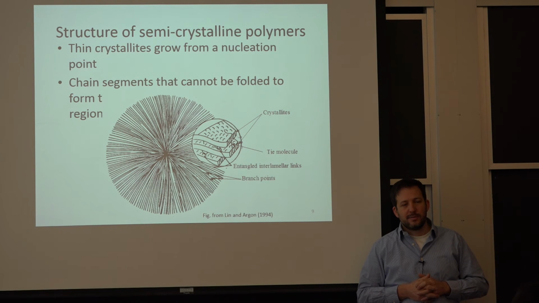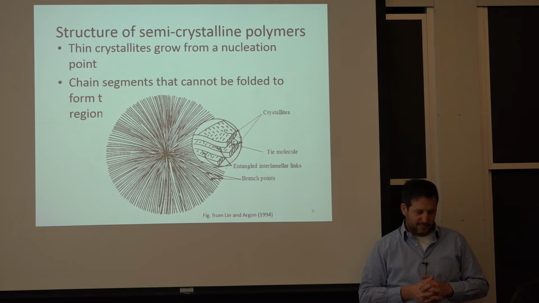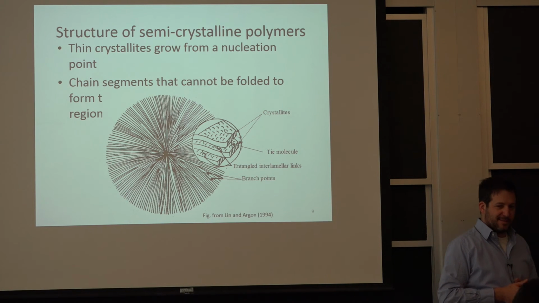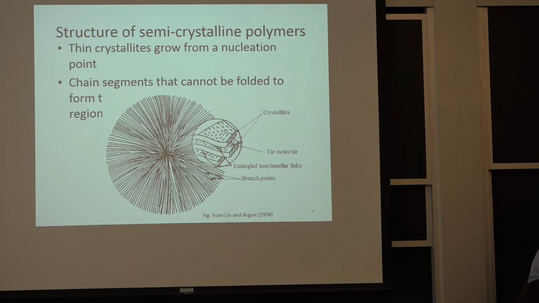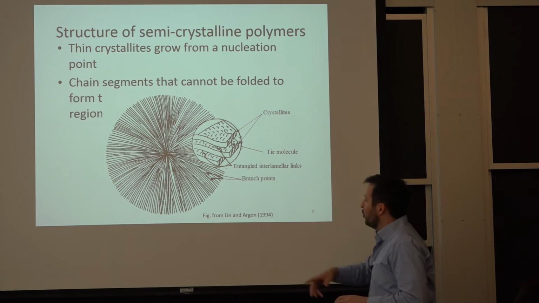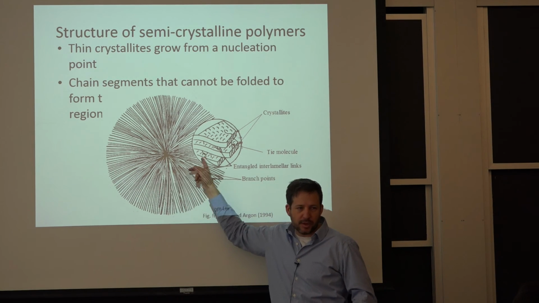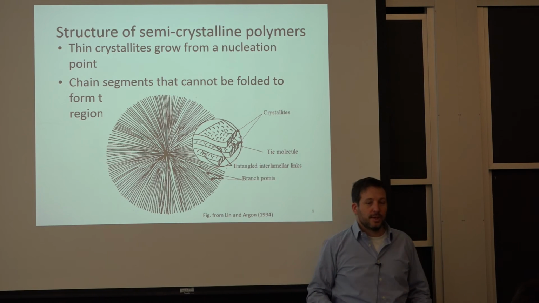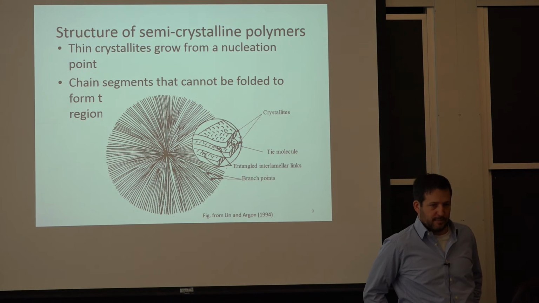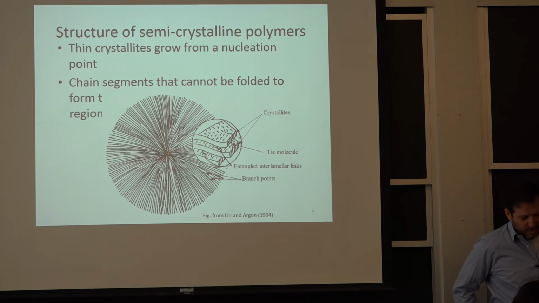Okay, so the knots are interspersed throughout the spaghetti. Yes. If you wanted to trace one of these long macromolecules, it could start right here and go across between crystal and non-crystal. Yes, that's exactly right.